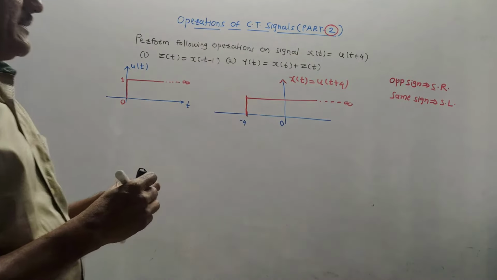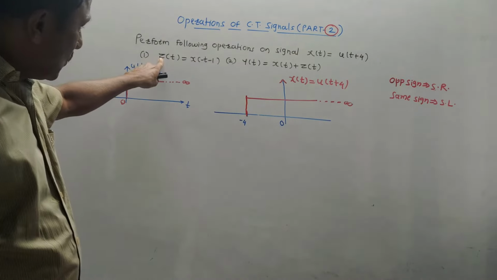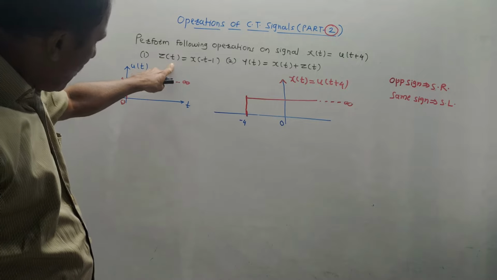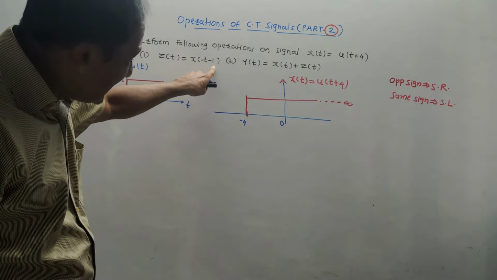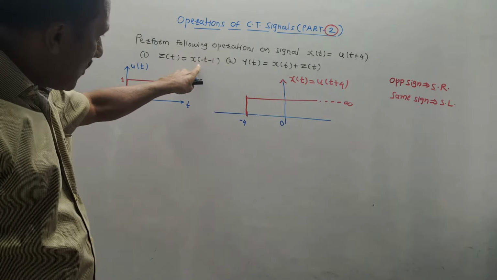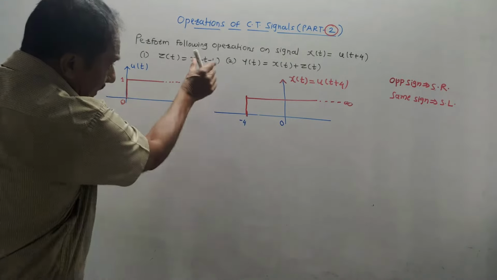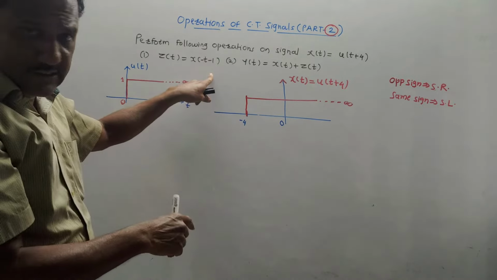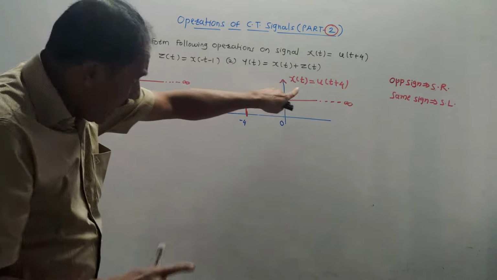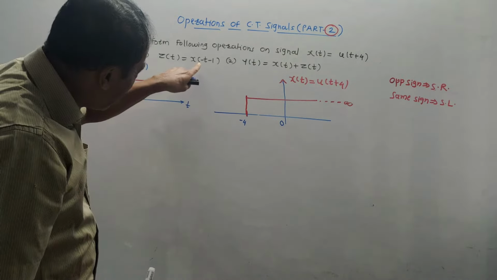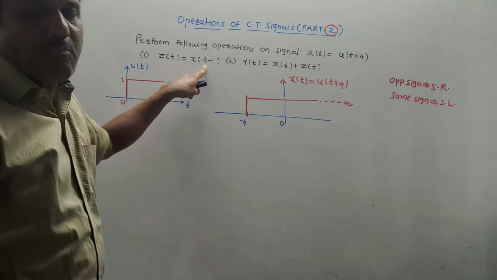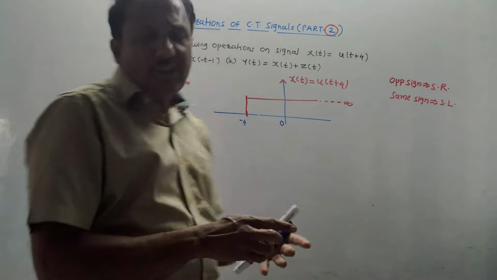Now first part, it is asked to calculate or sketch z of t, which is x of minus t minus 1. x of minus t minus 1. Now don't get confused as far as this notation is concerned. First we have this diagram of x of t. First we will try to draw the diagram of x of minus t. This is not a discrete signal.